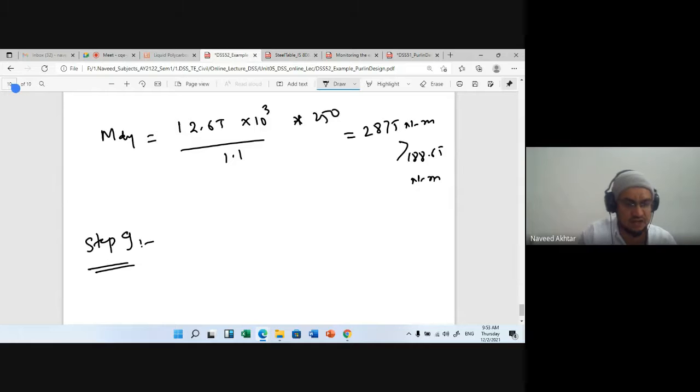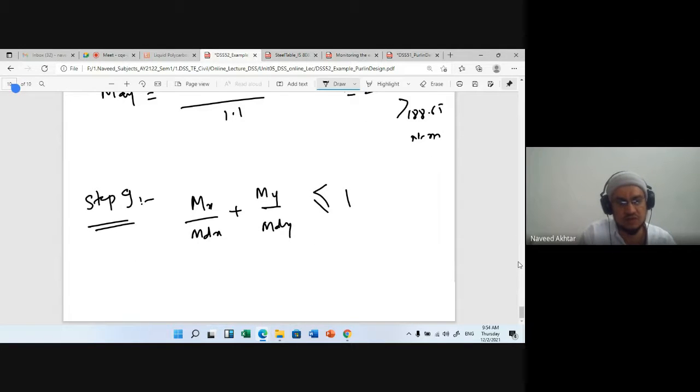So now in step number 9 we can check the interaction equation, Mx upon Mdx plus My upon Mdy, that should be less than 1. So if I write down this value, Mx is 2432.85, Mdx is 7259, plus My is 188.65 and Mdy is 2875.